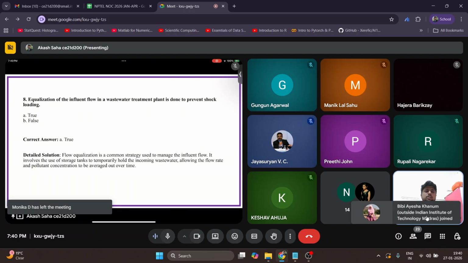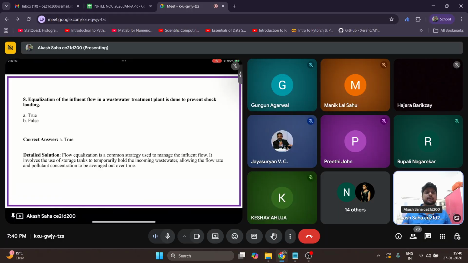During the overall day, both the quantity and the concentration of the wastewater coming into the system will be different. It won't be the same all the time. So the bacteria or the microbes present in the activated sludge process system might not face any problem due to shock loading.